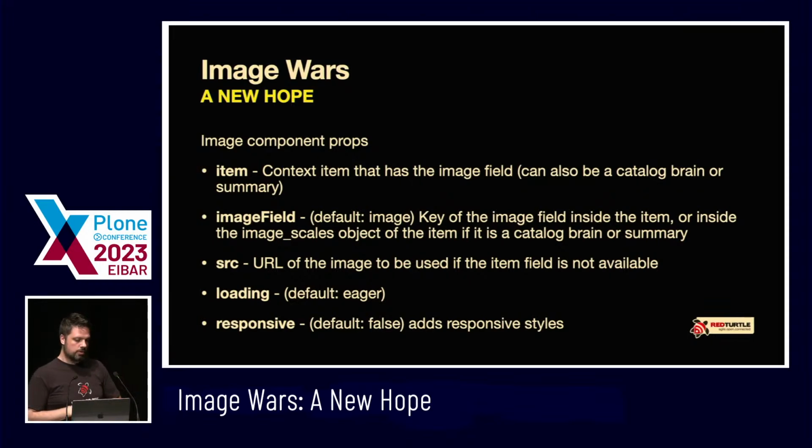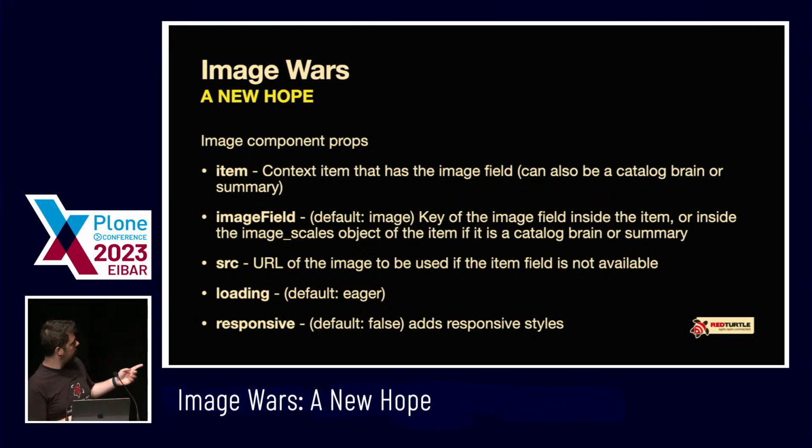It has a source property because we want you to use this component in any situation if you like it, and I have an example for this. You can just give this component a string source instead of a Plone item object, and it will work fine.